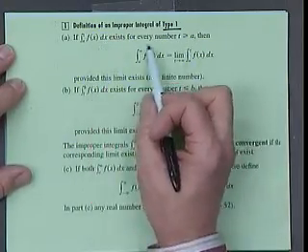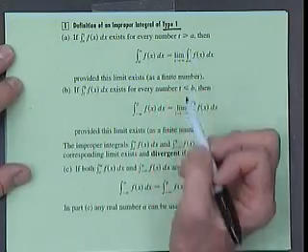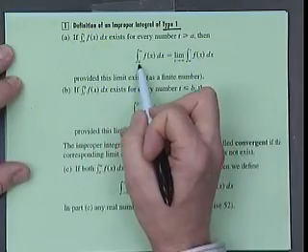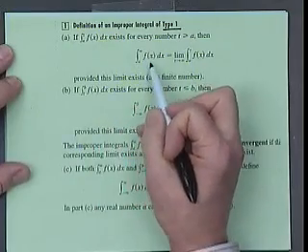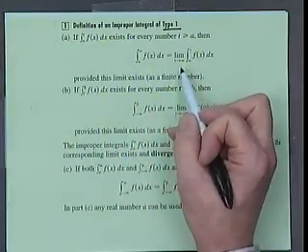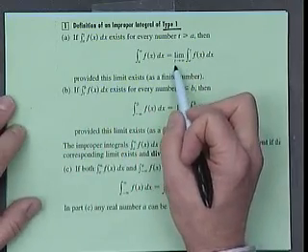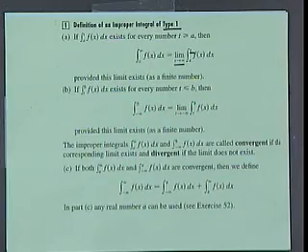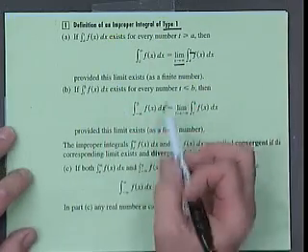So if the function exists for every number t greater than or equal to a, what we want to do if we're going from a to infinity is farm that bad value out to the end of the problem and then make that the last step of our problem, provided this limit exists.